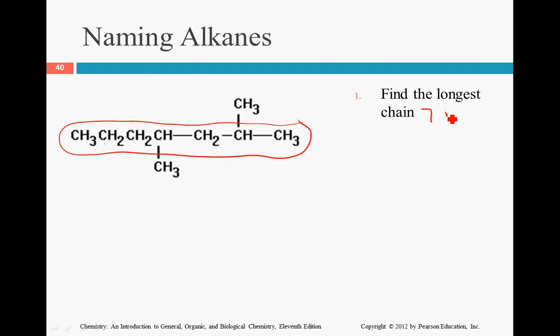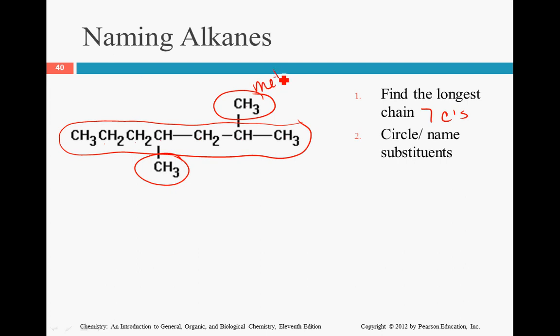So we have 7 carbons as our longest chain. Circle and name the substituents. Well, here's one. Here's another. The top one has 1 carbon, so it's meth, ending in YL because it's a substituent. The bottom one, once again, is 1 carbon, so it's meth, ending in YL because it's a substituent.